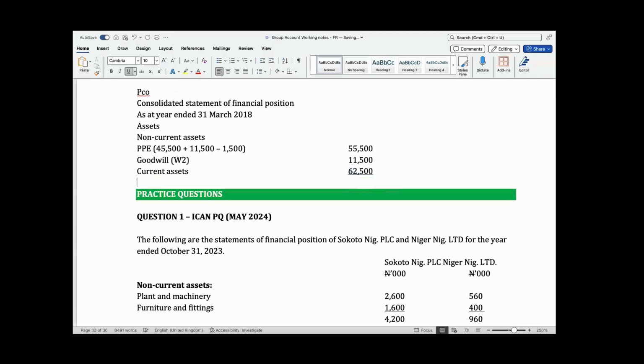So what's the addition of all this? That is 129,500.